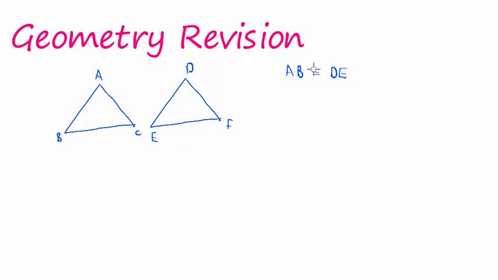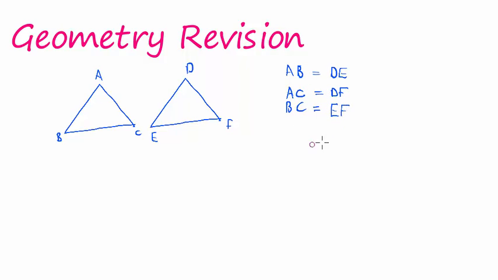So we should technically use these 3 lines when we say that one side length is congruent to another side length. But we won't. We'll just use the equal sign. Then we know AC is equal to DF, or congruent, and then BC is congruent or equal to EF.